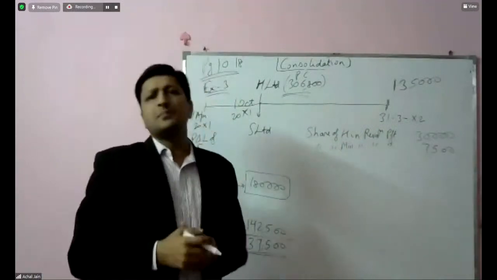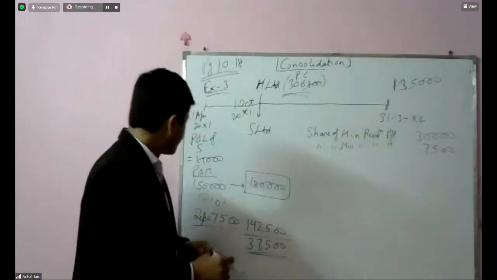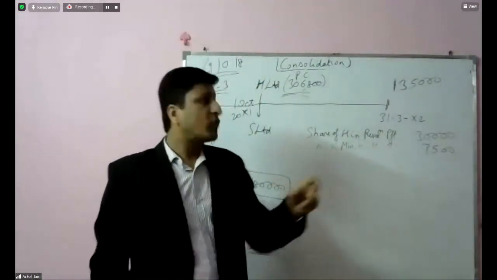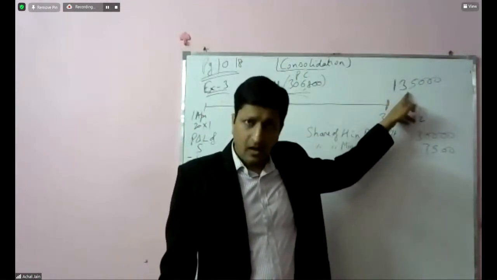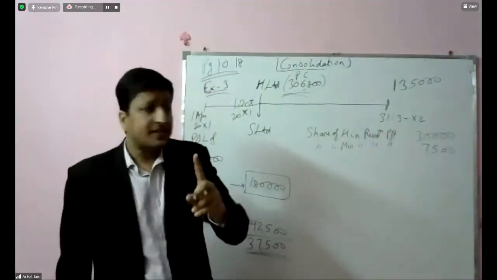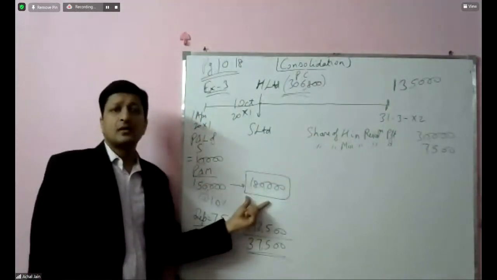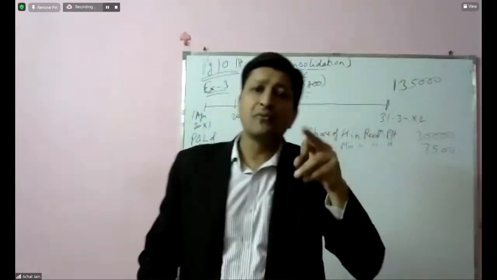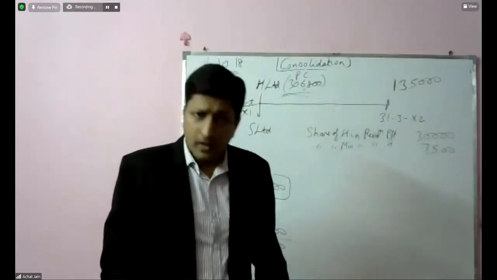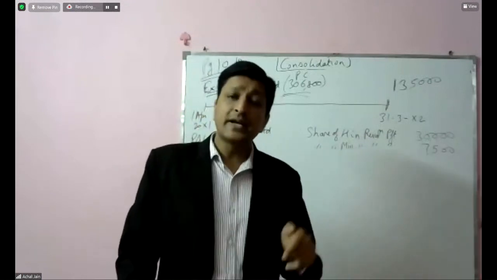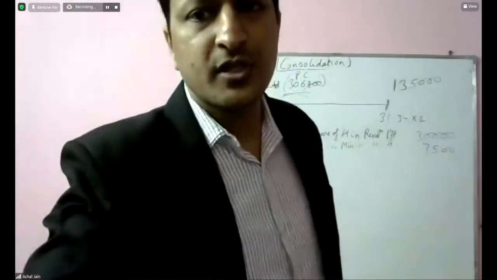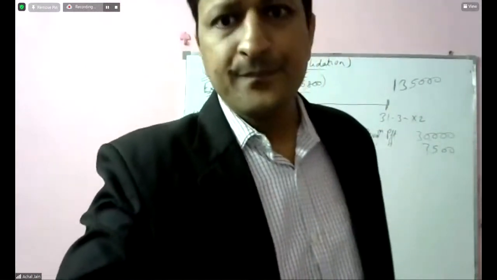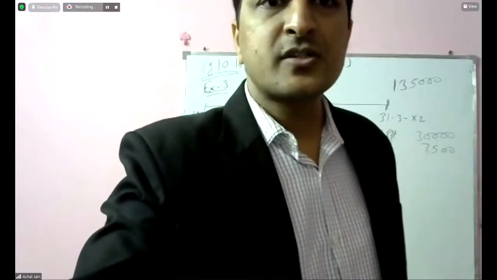Simply by charging depreciation at the rate of 10%. So 1,50,000 less 10% is what? 135. Correct? So it shows that the adjustment for this revaluation has not been incorporated in this closing balance of plant and machinery of S Limited. Clear on this? So now this adjustment has to be done at the time of consolidation. That is the one on which we are working right now. Let's see what adjustments we will pass.